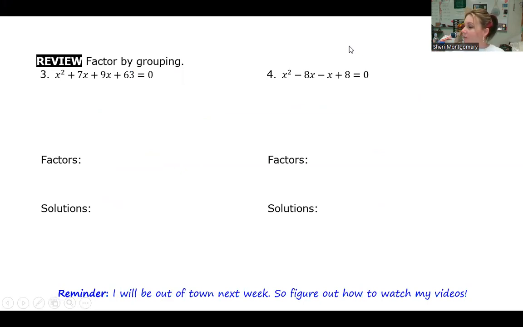All right, now we're going to do factor by grouping. So you got to make sure that there's no GCF. I don't see a GCF, so I can go ahead and get started. Factor by grouping. I've got my groups. Got to find my GCF.